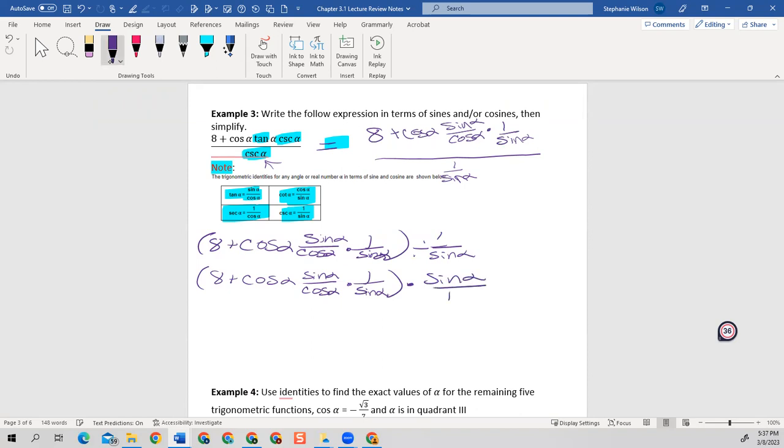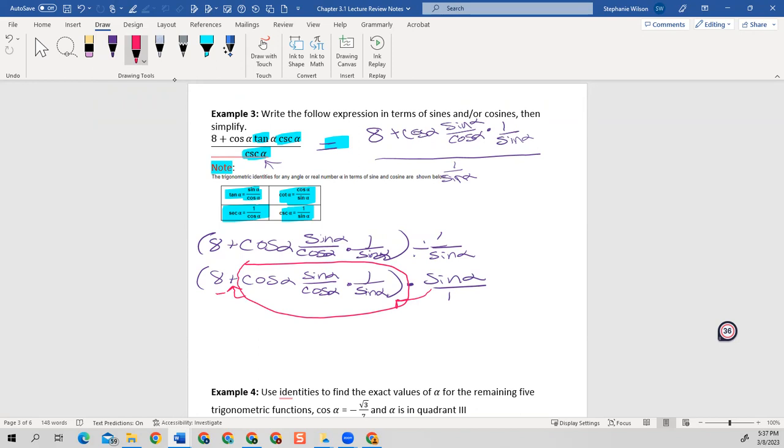All right. So now that I've got it written that way, what I can do is distribute the sine of alpha to each part. What do I mean by each part? This here is multiplied together, added to this 8.